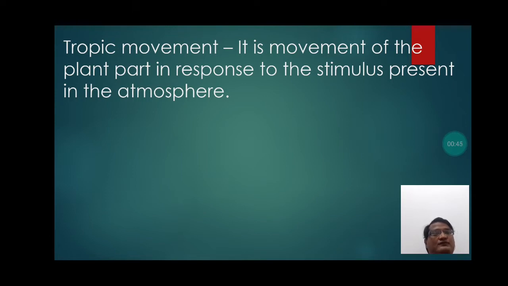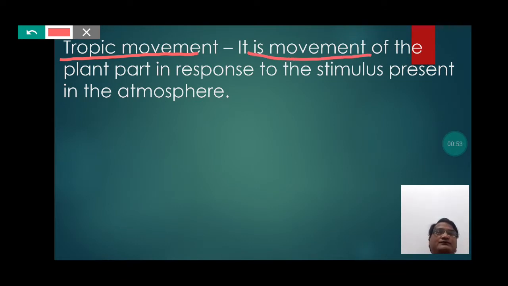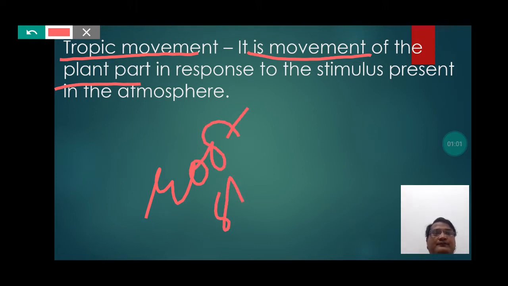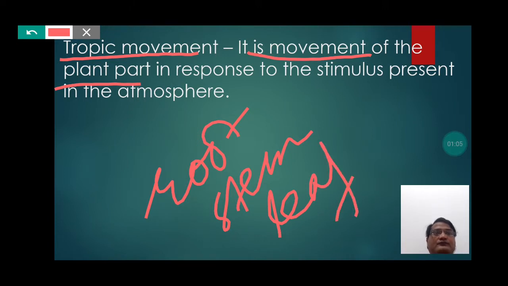So students, tropic movement actually is a specific movement of the plant part like root, stem and leaf in response to the stimulus present in the atmosphere.